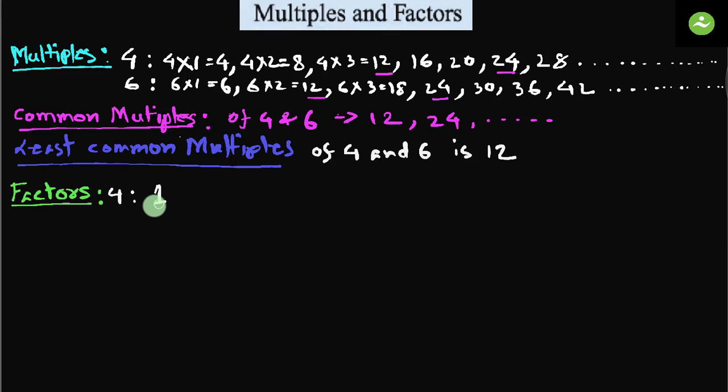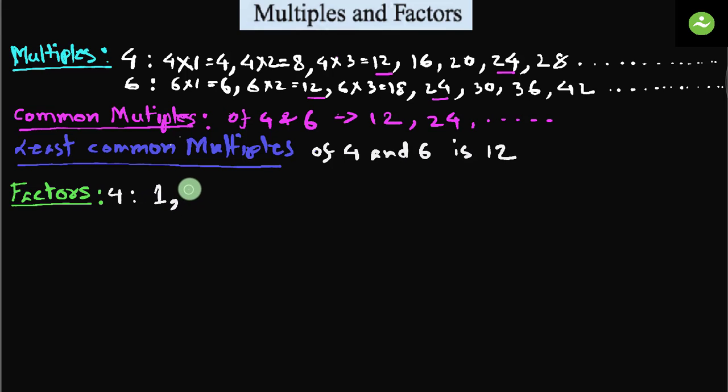How do we know whether 1 is a factor of 4 or not? To find the answer, divide 4 by 1. If it is evenly divisible and there is no remainder, then 1 is a factor of 4. The answer is yes, 1 is a factor of 4.